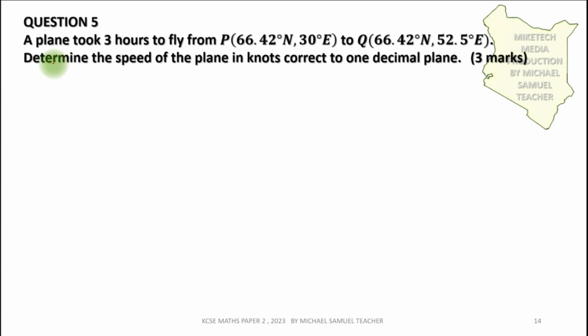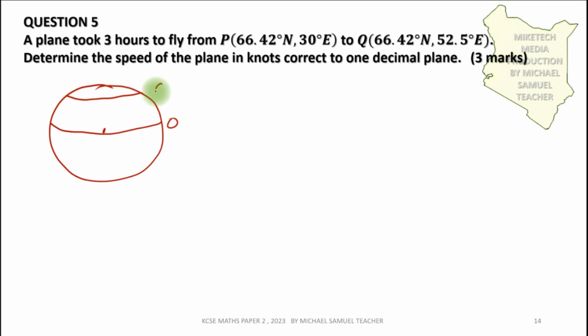So, being told that a plane took 3 hours to fly from point P to Q, if I'm going to draw the sketch of the globe such that you have the equator, the planes are on the same line of latitude toward the north, that is 66.42 degrees north, and they're on different longitude.